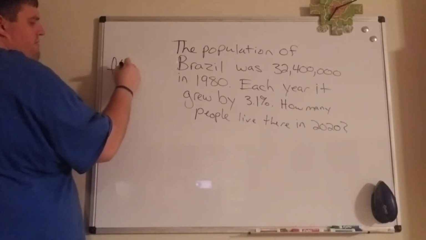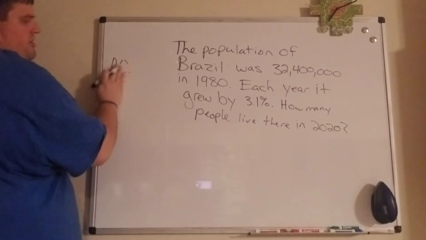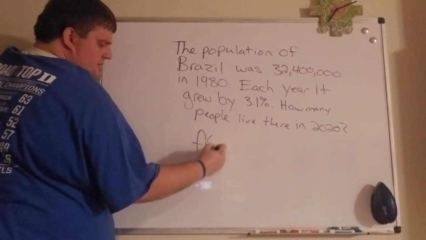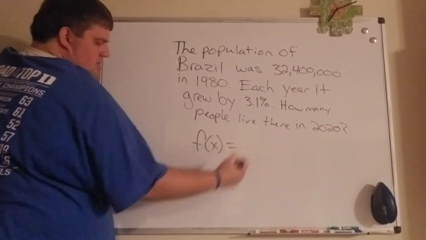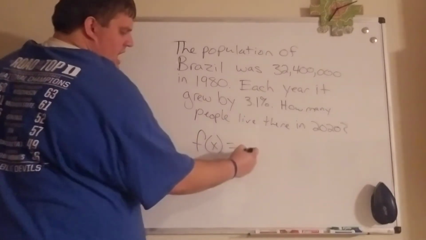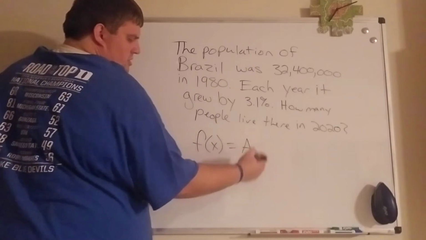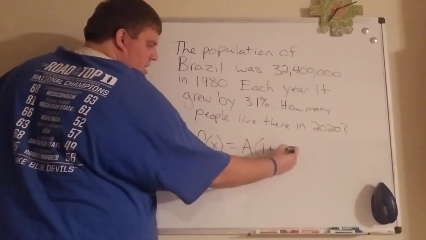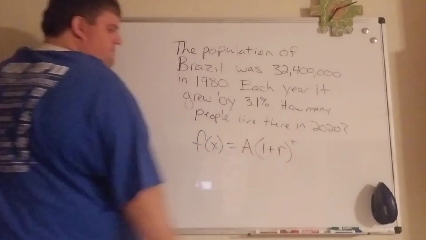We're going to do f of x equals a, or p, that could be p there, times 1 plus r to the t.